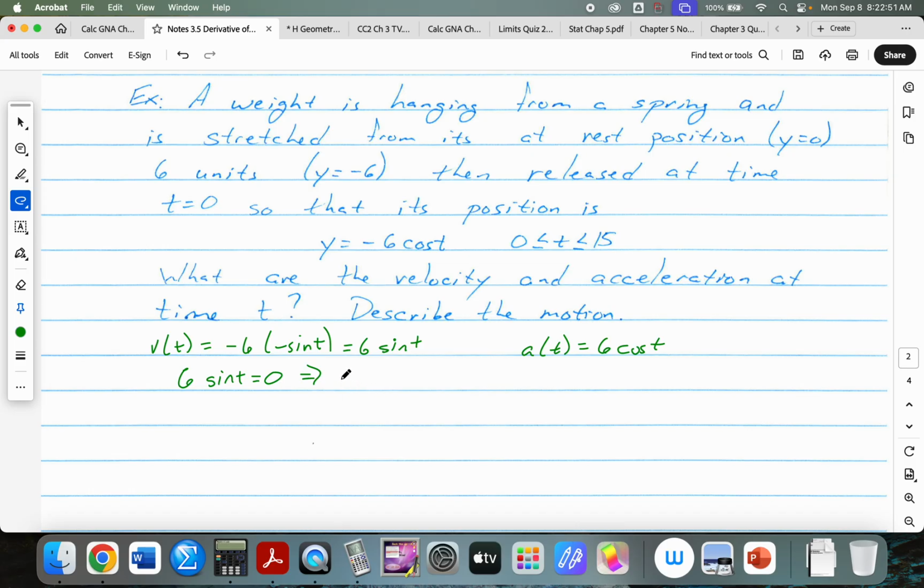Sine of t is equal to 0 when t is equal to 0, and then pi, 2 pi. And the question becomes, how far do we have to go on this? Well, we're supposed to go to 15, so that's going to be a little less than 5 pi. So 3 pi and 4 pi.